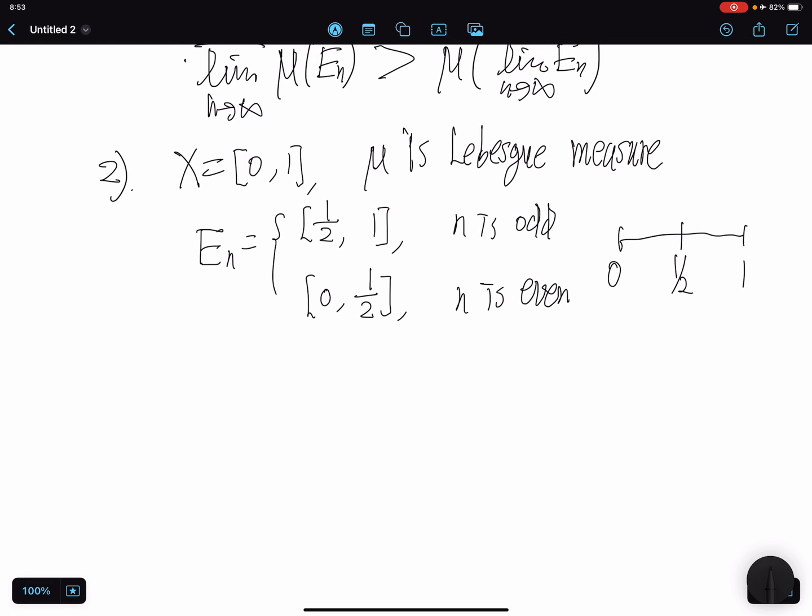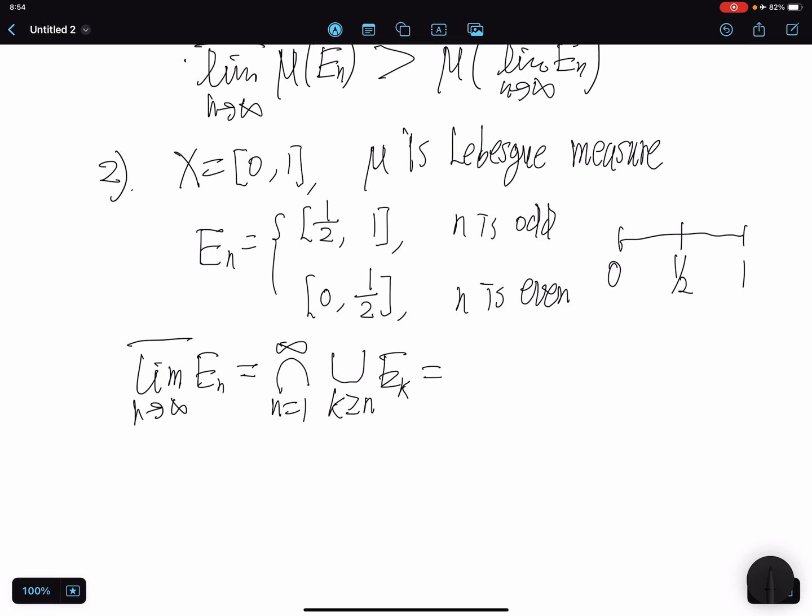So in this case, what is the upper limit of E sub n? This is just the intersection from n equal to 1 to infinity of the union over k greater than or equal to n of E sub k, right? Because for any n, you union these two parts, whether n is odd or even, and this set is clearly the whole unit interval, right?